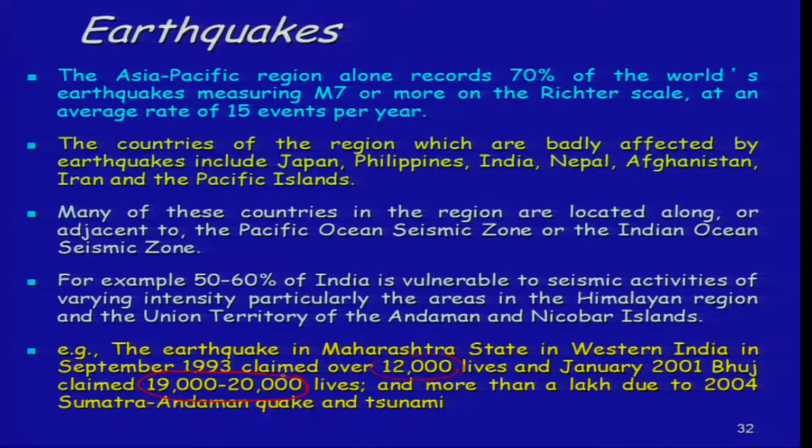And in Andaman, more than a lakh people were killed. So you can imagine that not a single area has been left out. We have the Himalaya in the north, the subduction zone in the east, and a couple of events within the plate, in 2001 and 1993.